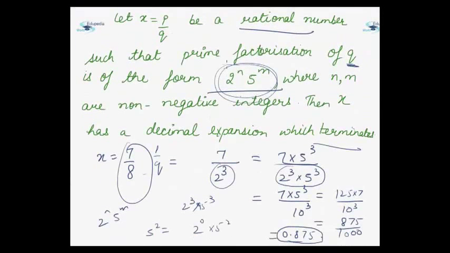Now the third theorem is just the opposite of this theorem. The third theorem says, let x is equal to p by q be a rational number such that the prime factorization of q is not of the form 2 raised to power n into 5 raised to power m, where n and m are non-negative integers.